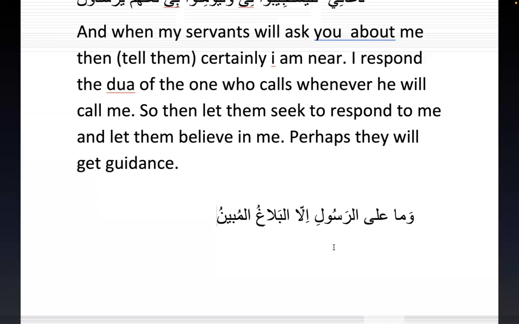Alayka, upon you is responsibility. Now, ala rasuli, so upon the messenger. Now, balagul mubin, balag is a sifa mawsuf. Balag means conveying. Mubin means clear. So how will you translate this whole thing?